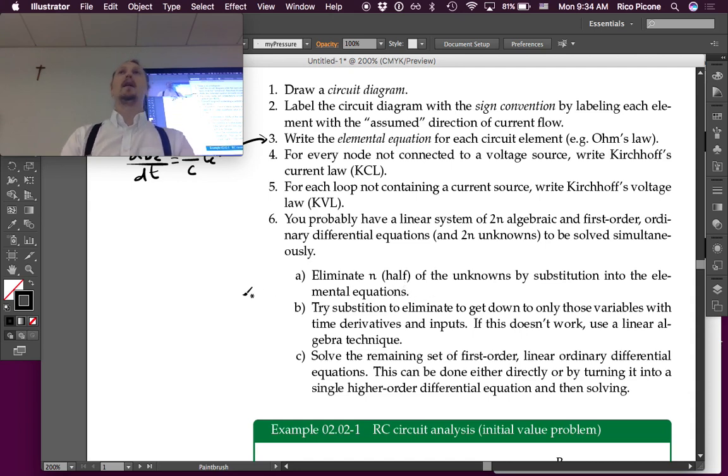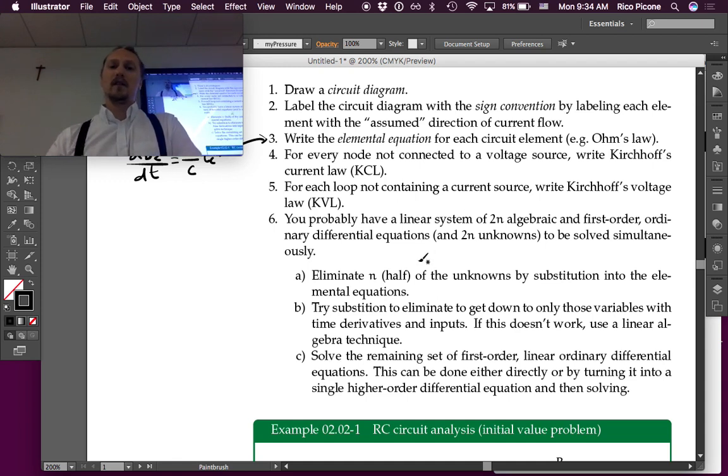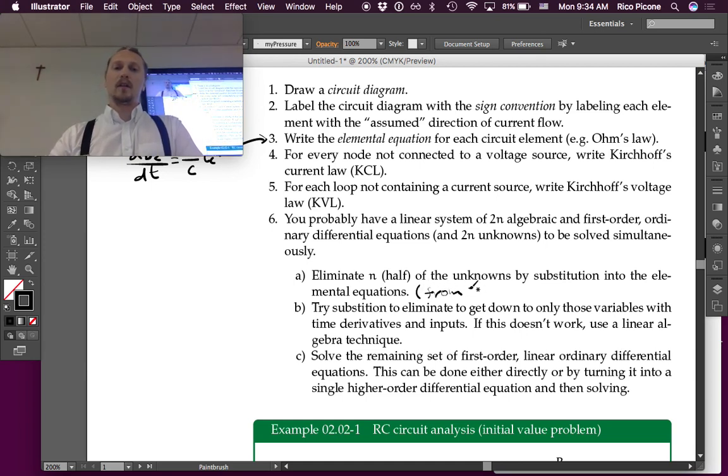Okay, so elemental equations you're going to leave there, and you're going to substitute in and eliminate half of the variables by using the KCL and KVL equations. So I should put a note here from the KCL and the KVL equations.